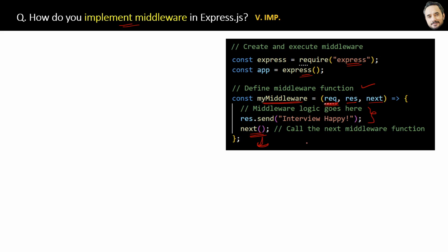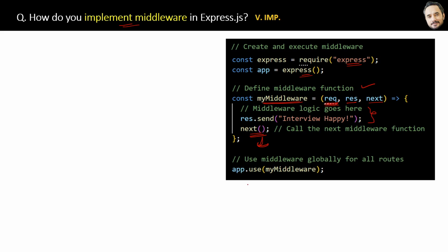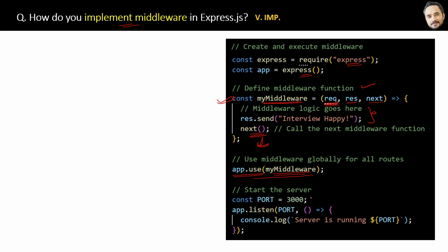So to execute or call the middleware function, we can use the use method of the Express application server, and pass the above middleware name as an argument. So now when the request sees this code, the above defined middleware will be executed, and after that, as usual, we can use the listen method of the application server so that our server can listen to requests from the UI or somewhere else.